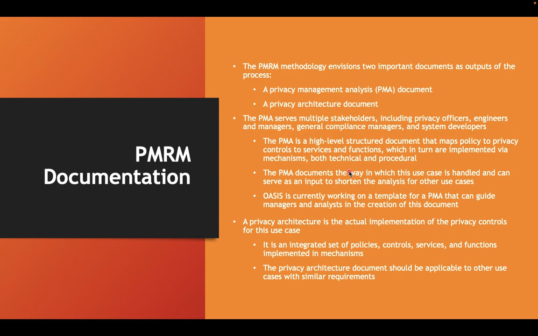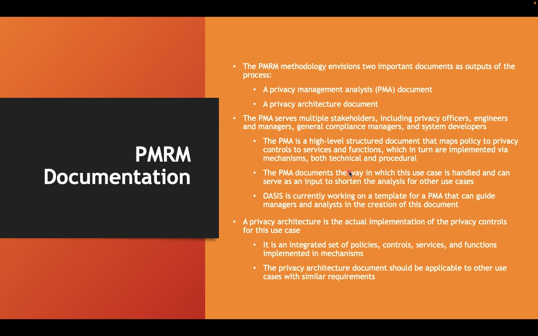It's a high-level structured document that maps policies and privacy controls to services and functions in any given enterprise or organization, which in turn are implemented via mechanisms, whether technical or procedural. The PMA documents are a way in which the use case is handled and can serve as an input to shorten the analysis for others who may need it.